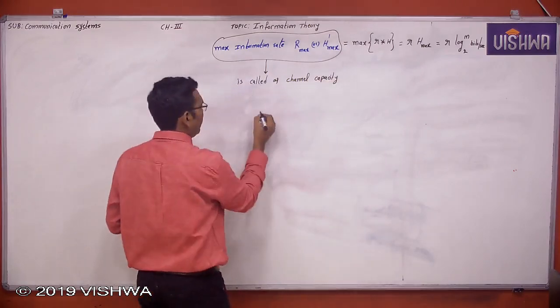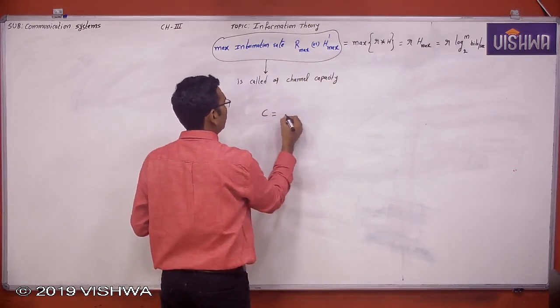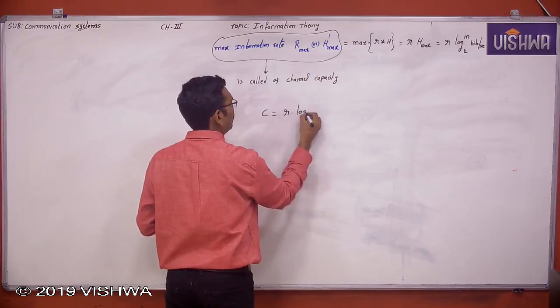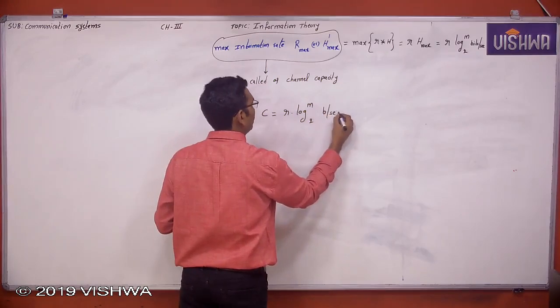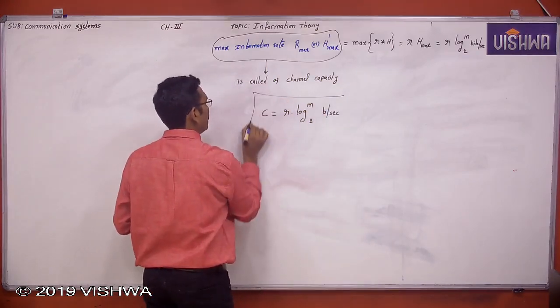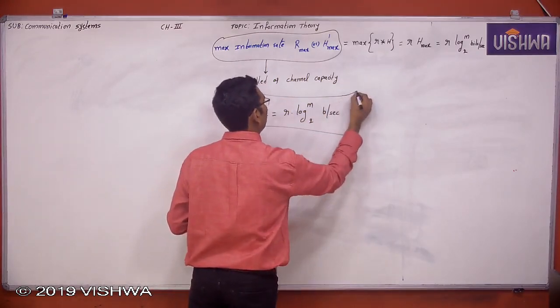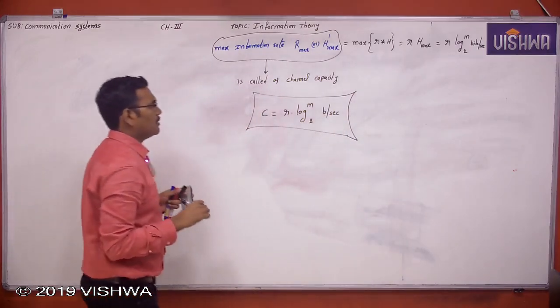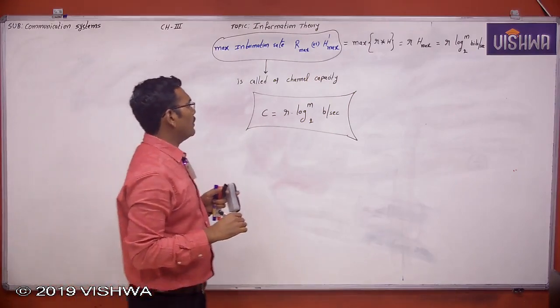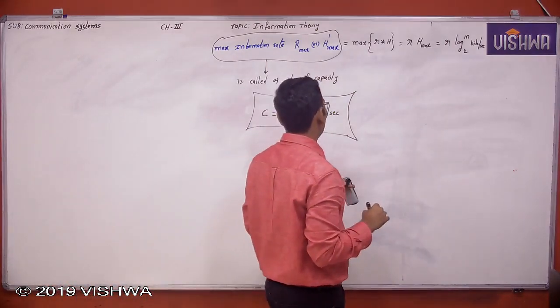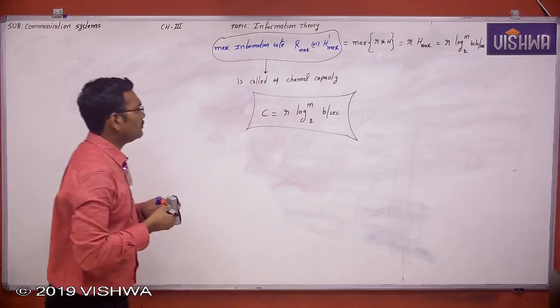Now the channel capacity C is equal to R into log m base 2 bits per second.